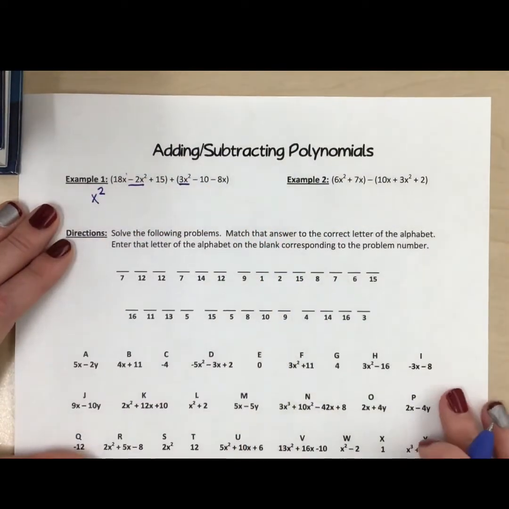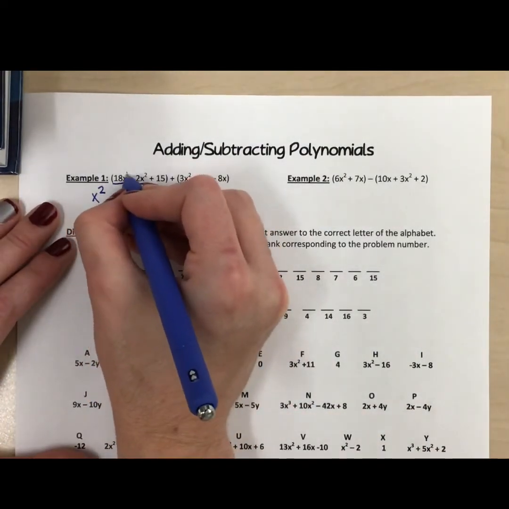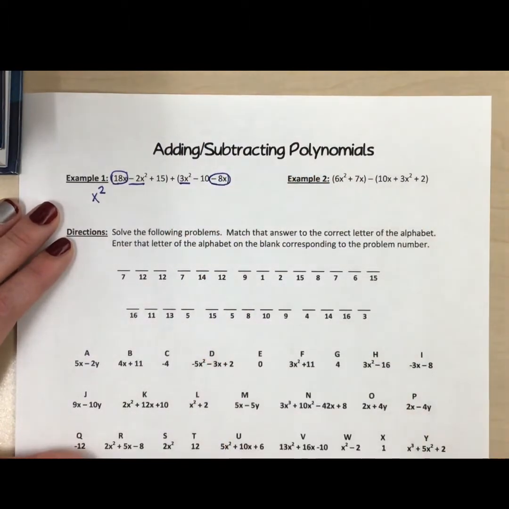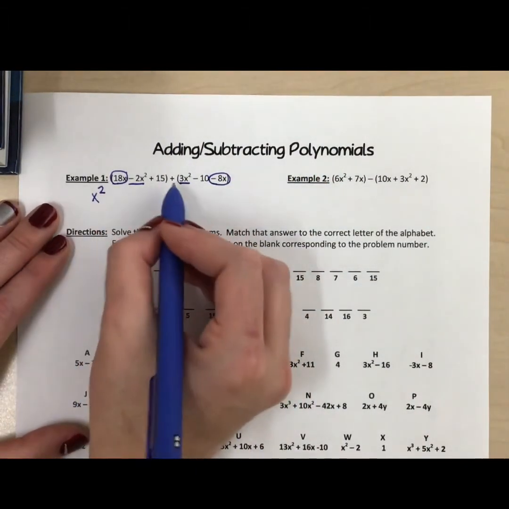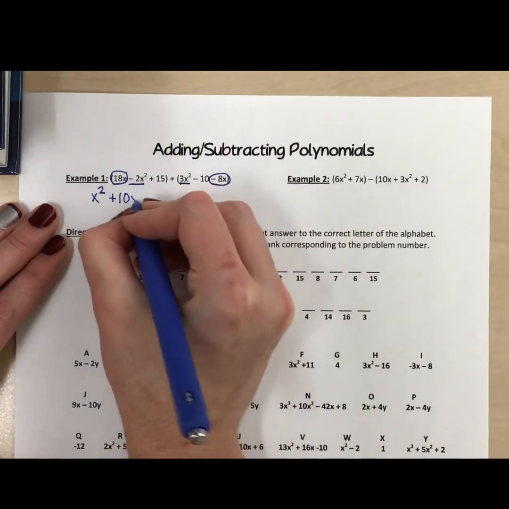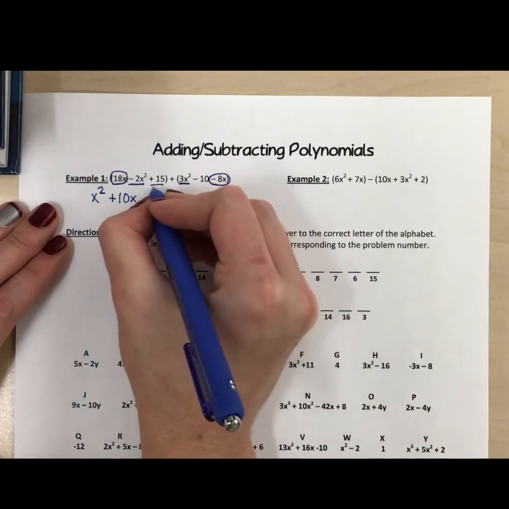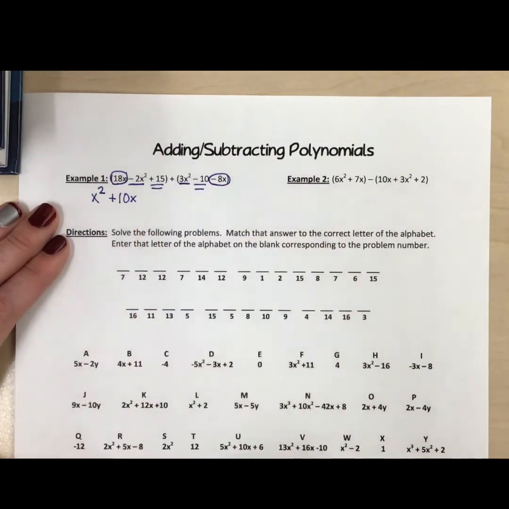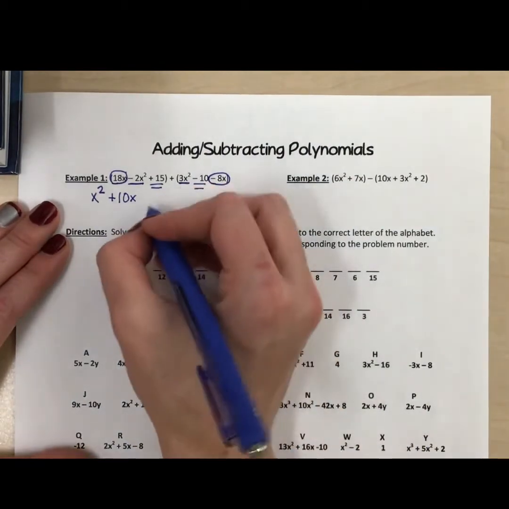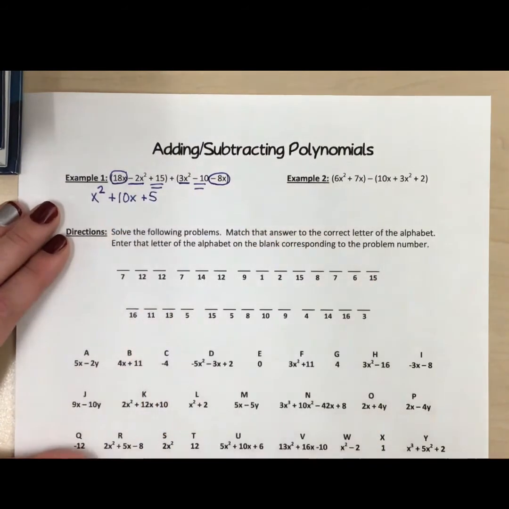Just one x squared is left over. Now, if I look, I have my 18x to the 1 and a minus 8x over here. If I have 18x plus a negative 8x, that would give me 10x. Finally, we have our constant terms, the things without any variables to them. 15 plus a negative 10 will give me a positive 5.